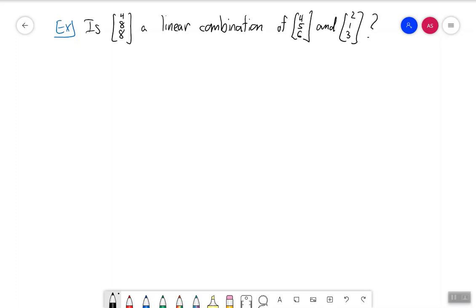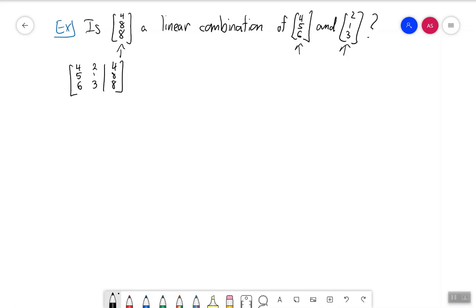Using the ideas from the previous example, all we need to do is put these two vectors as the columns of our coefficient matrix, and this guy is the right-hand side vector, the guy on the right of the vertical bar. So we have 4, 5, 6, 2, 1, 3, 4, 8, 8.